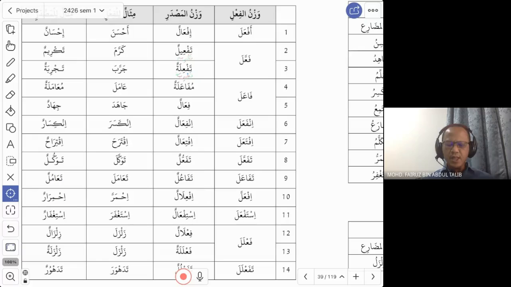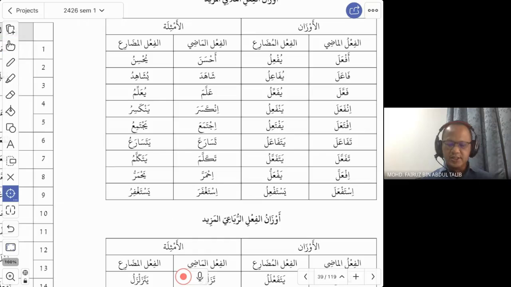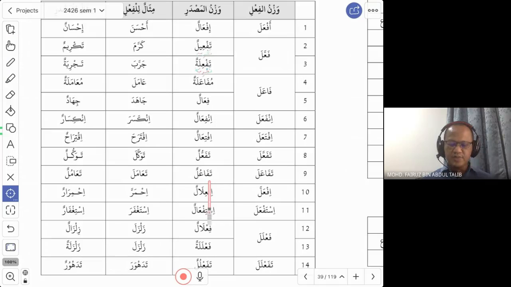The next wazan, tafa'ala. From the old table, the mudari is yatafa'alu. So today, the masdar: tafa'ala, yatafa'alu, the masdar is tafa'ul. The example is ta'amala, yata'amalu, ta'amul.